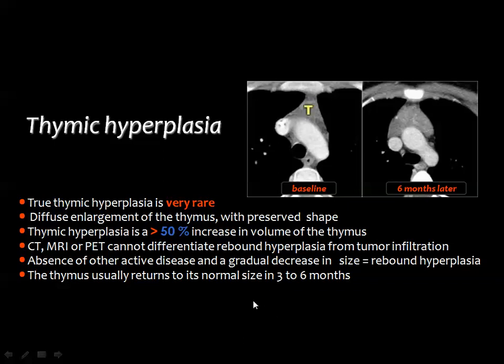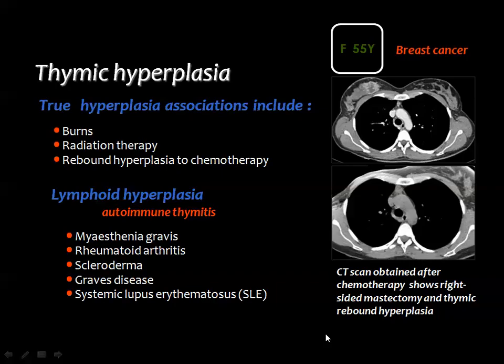Then there is a gradual decrease, if you can see on serial imaging, gradual decrease in size, and this is in favor of rebound hyperplasia, and this regression reaches the normal situation in about 3 to 6 months. True thymic hyperplasia is associated usually with burns, radiation therapy, or rebound hyperplasia in relation to chemotherapy.